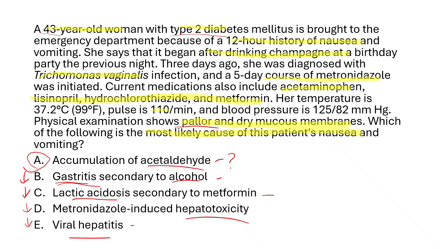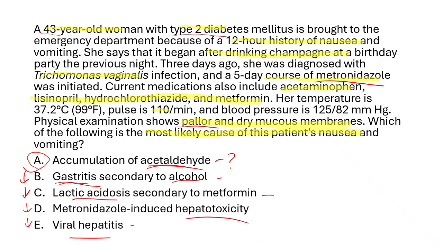And so acetaldehyde, if we do remember, maybe someone says, okay, I remember that's the thing that gives us a hangover, right? We turn ethanol into acetaldehyde, and then we break that down into something else. It's the acetaldehyde that makes people feel terrible. And the key thing to also remember is that metronidazole gives us a disulfiram-like effect.